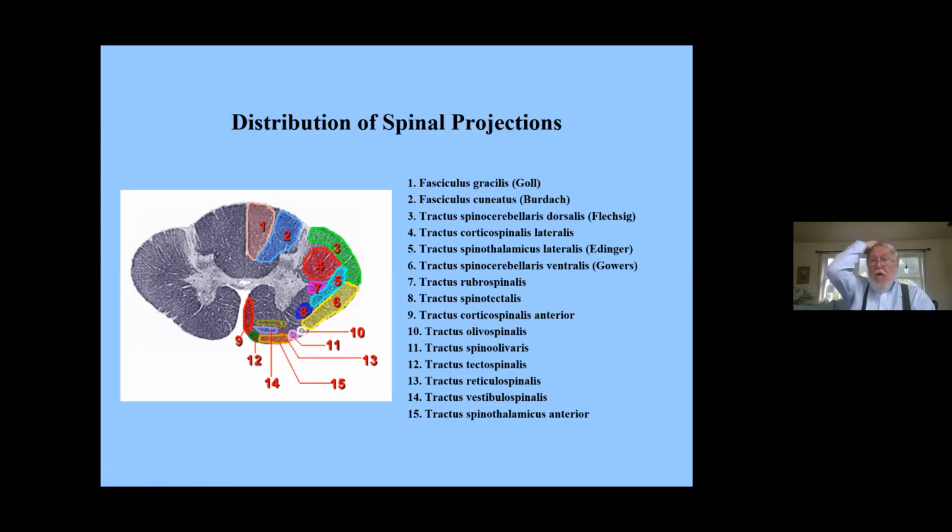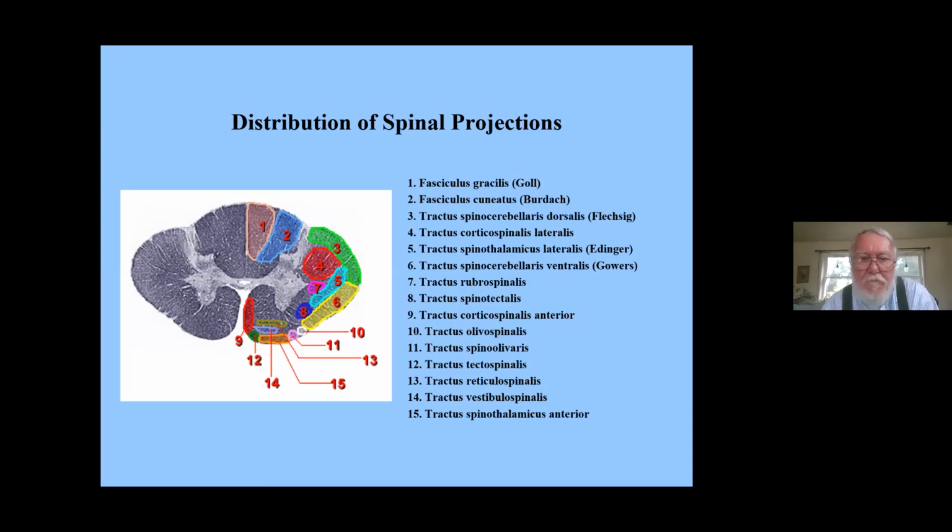So remember, information coming from the post-central gyrus and going down into the spinal cord goes via the corticospinal tract, and at the caudal part of the medulla, 95% of those fibers decussate and they form the lateral corticospinal tract. 5% do not decussate, and we'll get to that in a minute.